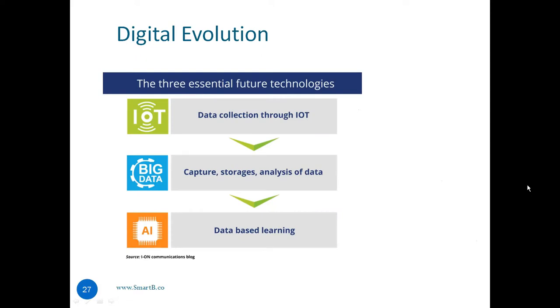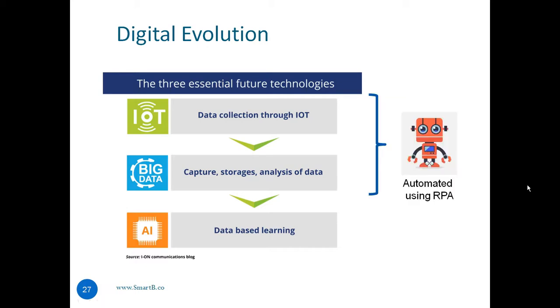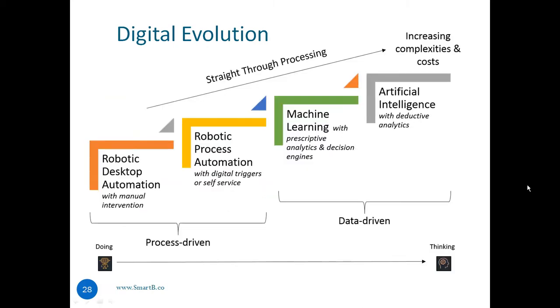So then when people talk about evolution and talk about future technologies, people then talk about AIs. Although RPA is not AI, it is a core component in providing the volume of the data to then do big data learning. So essentially, RPA is very process driven.